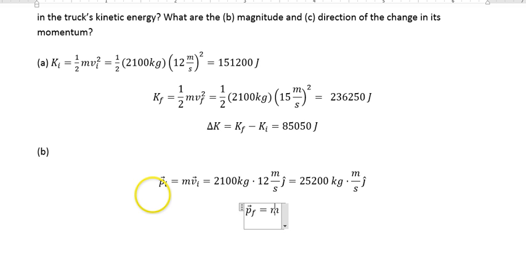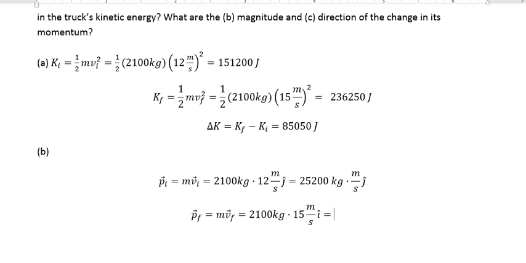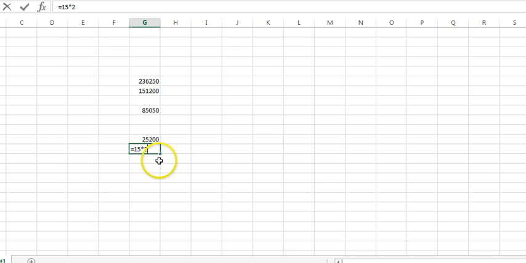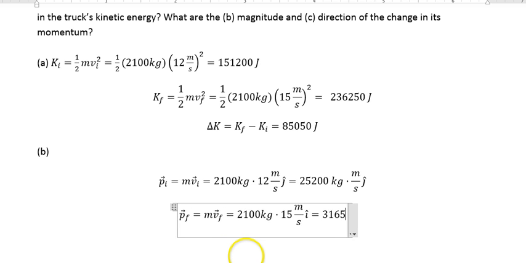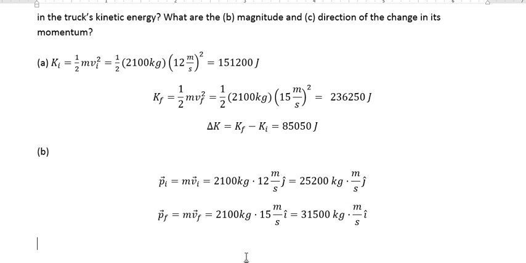So the final momentum is the same thing, 2100 kilograms times 15 meters per second i hat. So 15 times 2100 is 31,500. Okay. Same thing, what's the change in momentum?